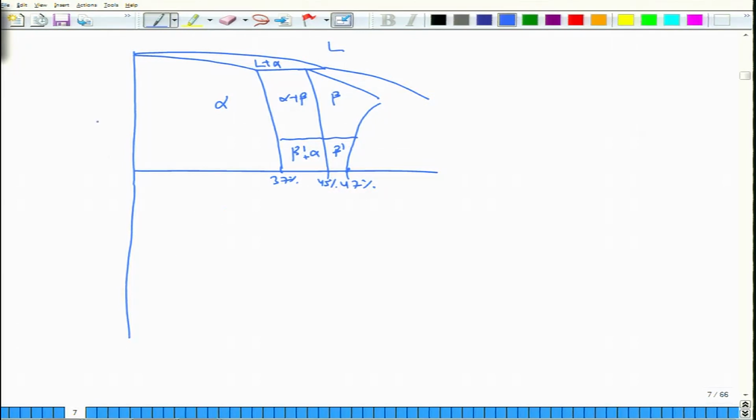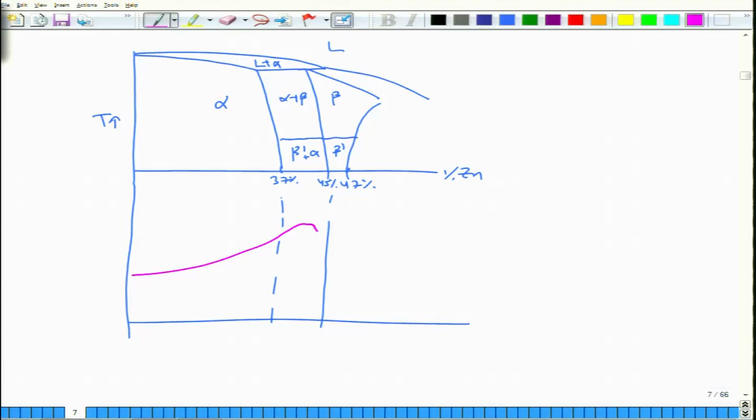So when you plot, this is temperature and percentage zinc. When you plot within this range the tensile strength and ductility, so between this two phase region, the tensile strength achieves a maximum in this region, whereas ductility has a maxima somewhere here.